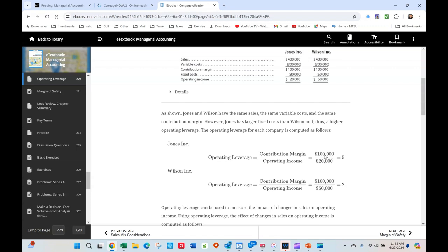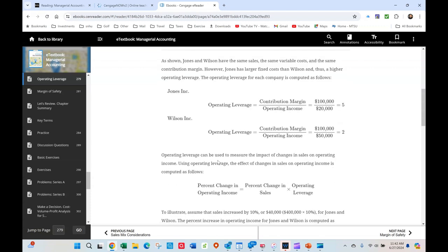So for every $10, you're basically making $2. Well, I'm not explaining this any better, but operating leverage can be used to measure the impact of changes in sales on operating income.